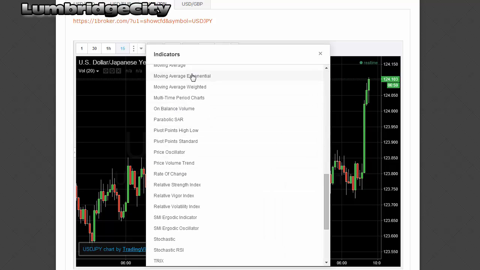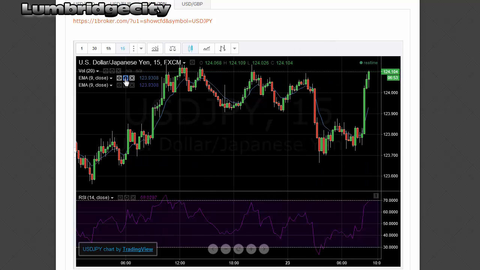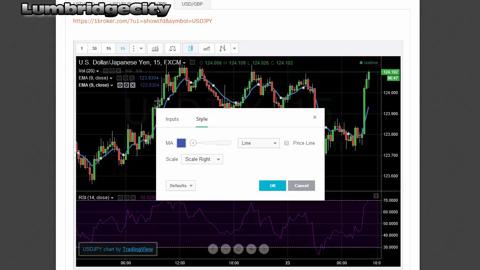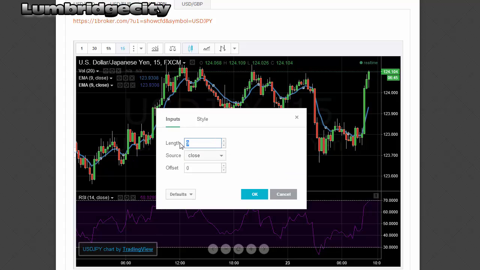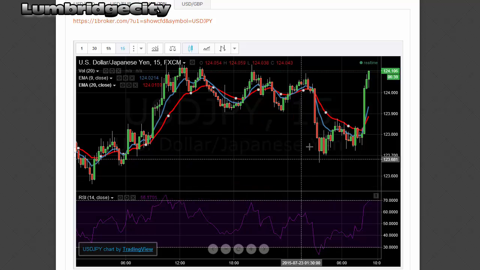So I'm going to do the 2 exponential moving averages, the relative strength index, and then tune those so that one is the 9-day, a little thicker, and the other is the 20 period moving average. I'm going to go change the color on that and zoom in and watch.